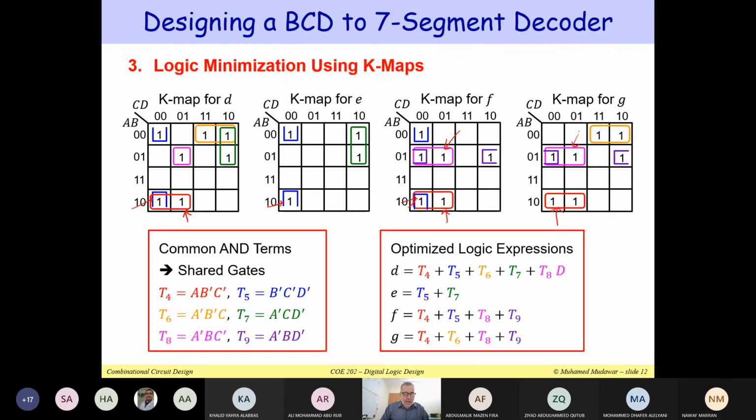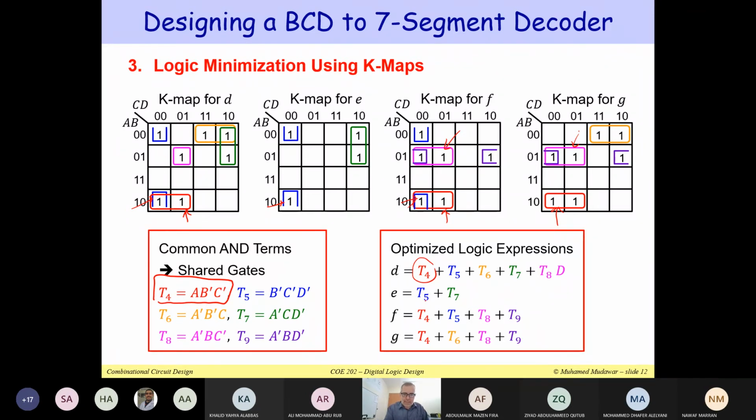Now, when I write my optimized logic expressions using these common terms, they become very simple, very easy. Notice that T4 is this red block. T4 is A, B prime, C prime. That's the term for T4.